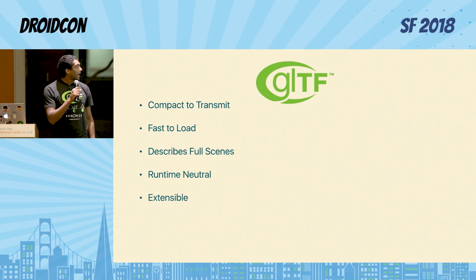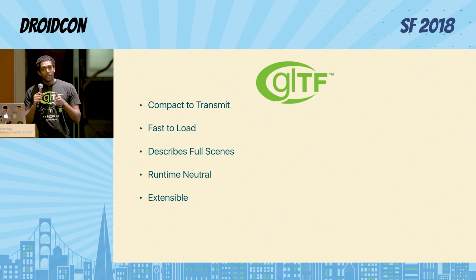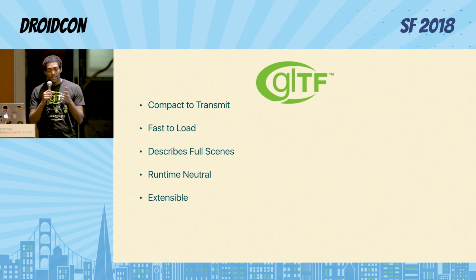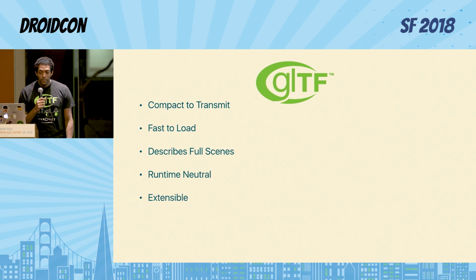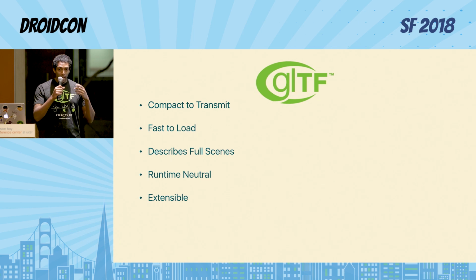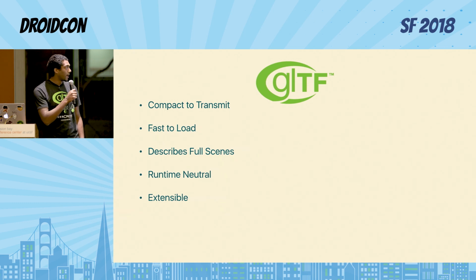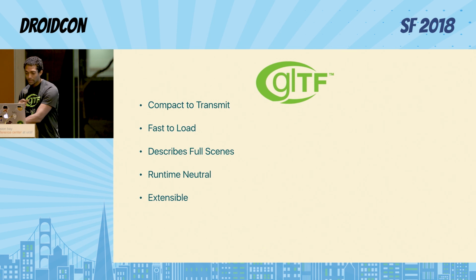It's fast to load because we can just take that binary data and do a data copy and then upload it to the GPU, instead of having to parse all the data, create buffers in memory, and then upload those buffers to the GPU. It describes full scenes, so we have complex lighting, animations, joint-based animations, blend shapes, and natural lighting techniques like physically based rendering.